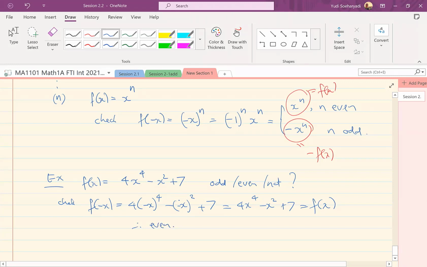All right, and if you look at the components here, this is even. This one is even. And this one, well, this is also even. Not that the number 7 is even, but you can think of this as 7x to the 0.